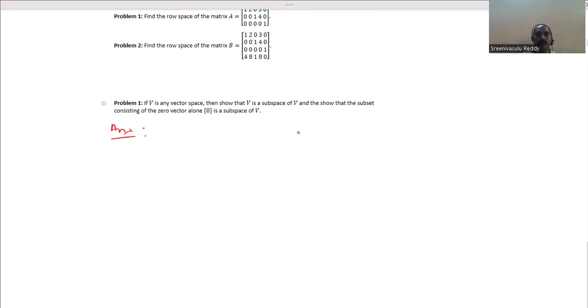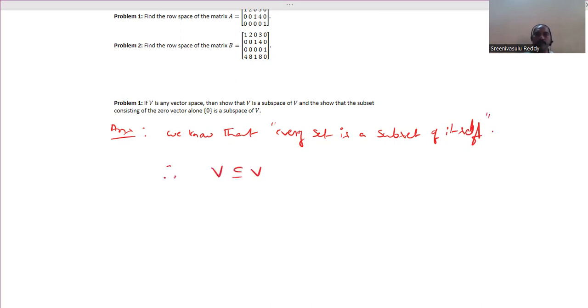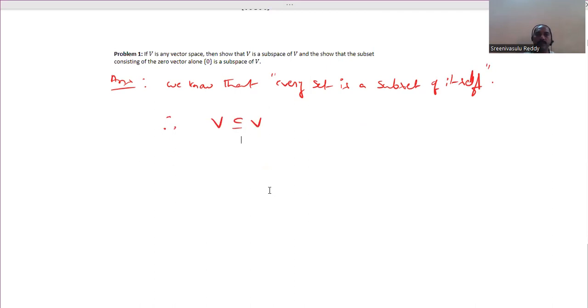In place of W, we know that as per set theory every set is a subset of itself. Therefore, V is a subset of or equal to V. First part over.